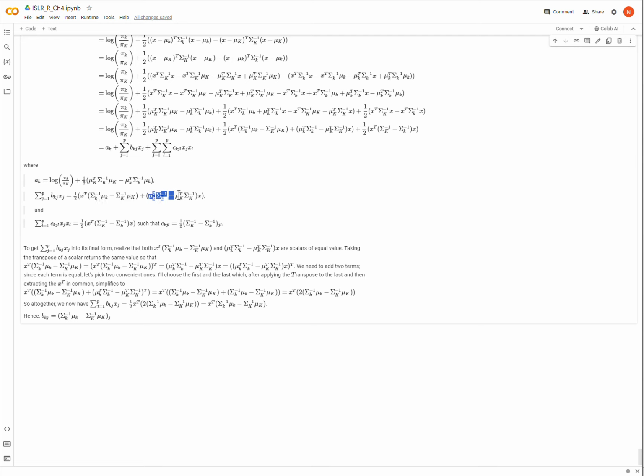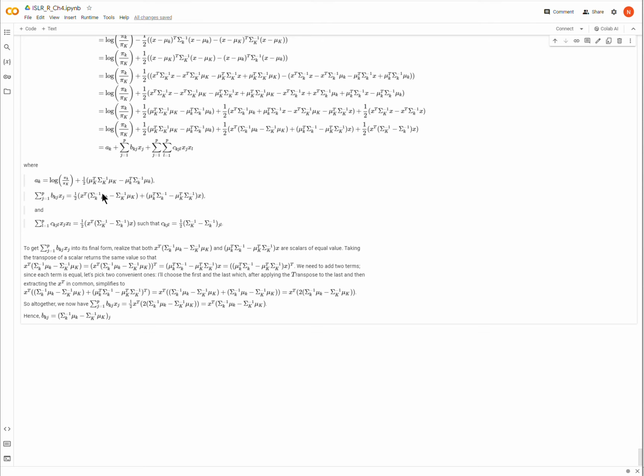And I also get a scalar value here. And it turns out that the two scalars are the same. So this expression is equal to its own transpose, and that's equal to the second term, which is equal to its own transpose.